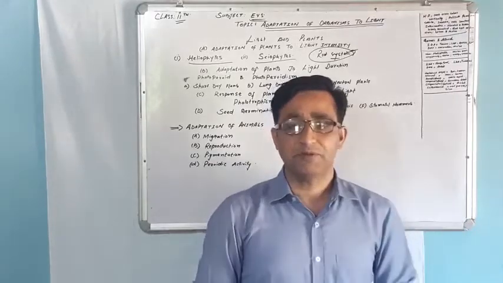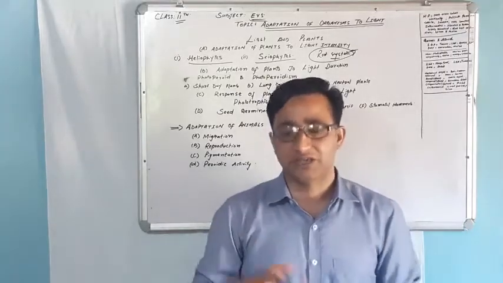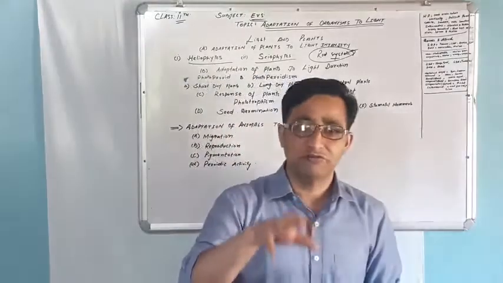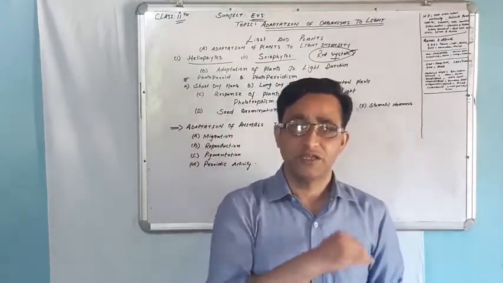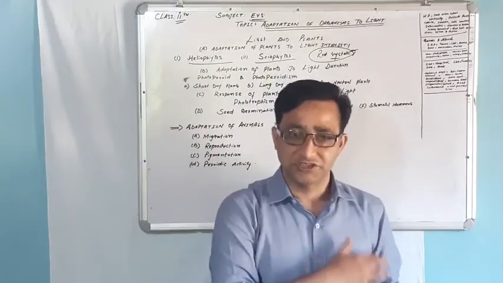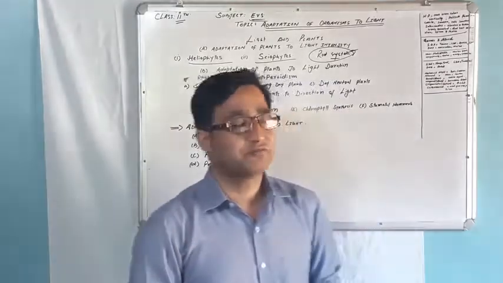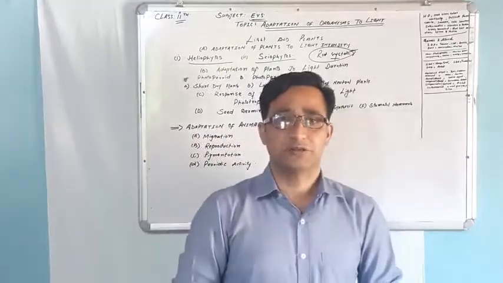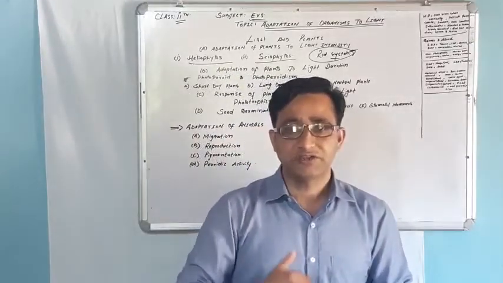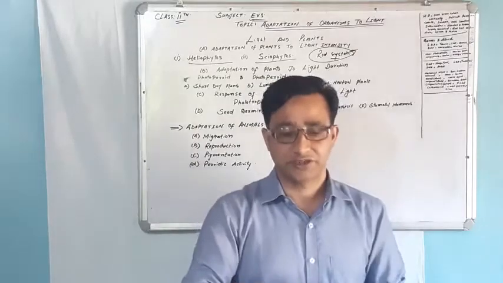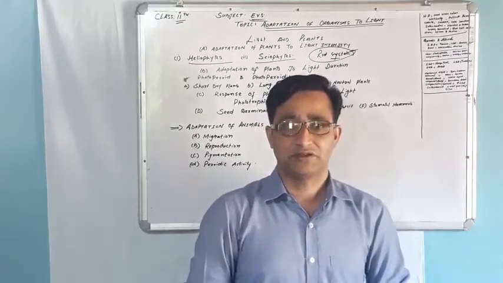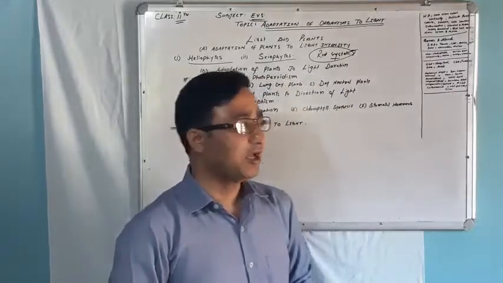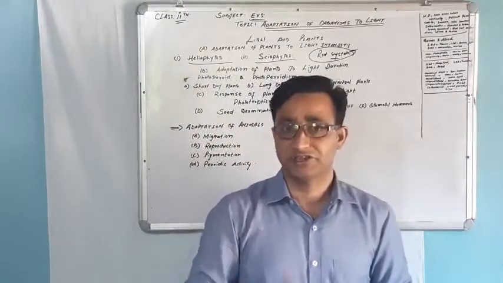And for that purpose they also possess certain characteristic features in order to live efficiently under shady conditions. These plants possess a thin cuticle. The leaves are arranged horizontally over the plant.